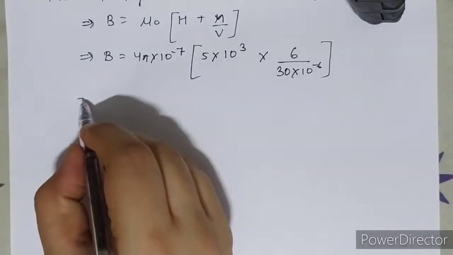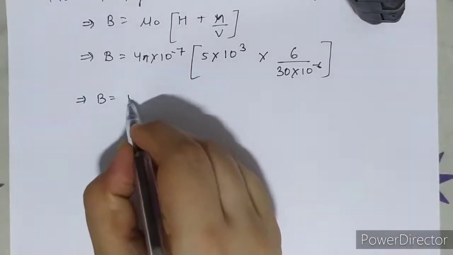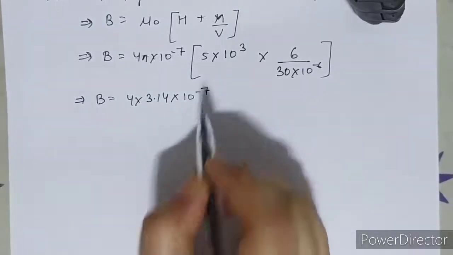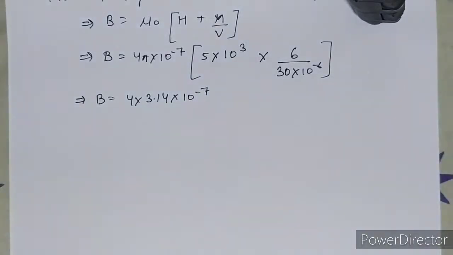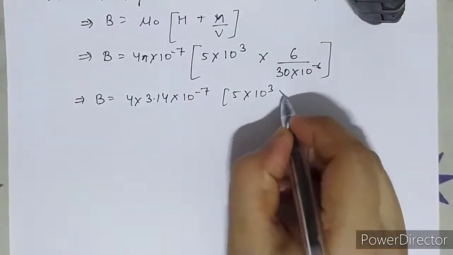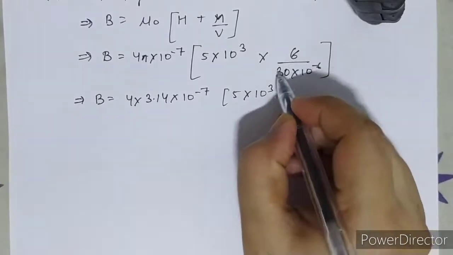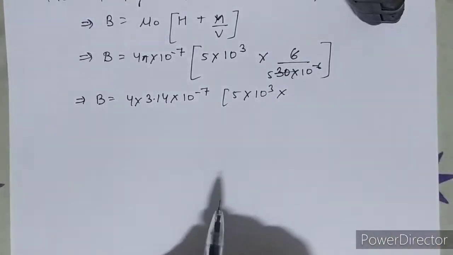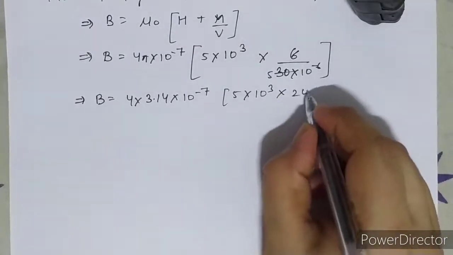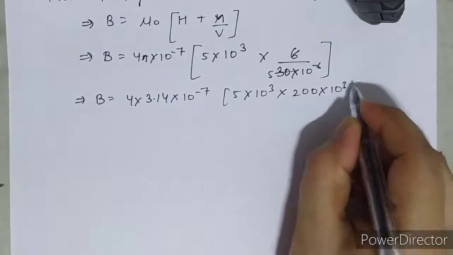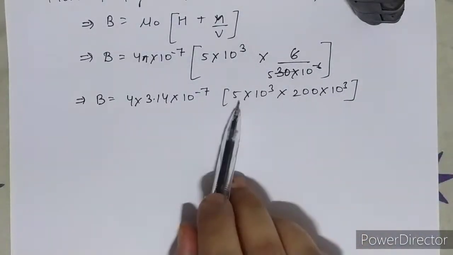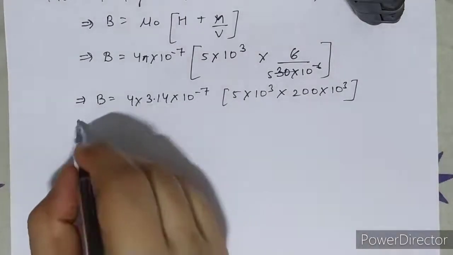Now if we solve it, B is equal to 4 into pi, 3.14, into 10 to the power minus 7, and in the bracket 5 into 10 to the power 3. 6 fives are 30, 1 upon 5 is 0.2, so it will be 200 into 10 to the power 3. Now 200 plus 5 is 205.